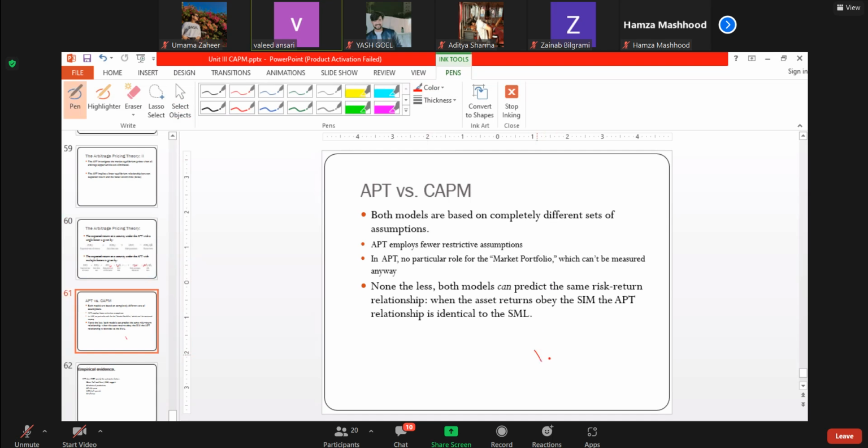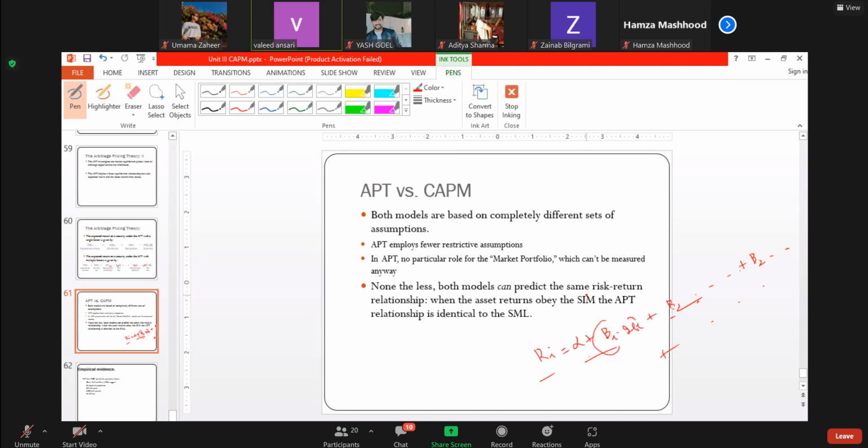Like return on security is alpha plus beta 1 of security, let us say inflation, beta 2 industrial production rate, beta 3 exchange rate, and like this, so we run a regression. He has not said what these factors are; some empirical studies have.